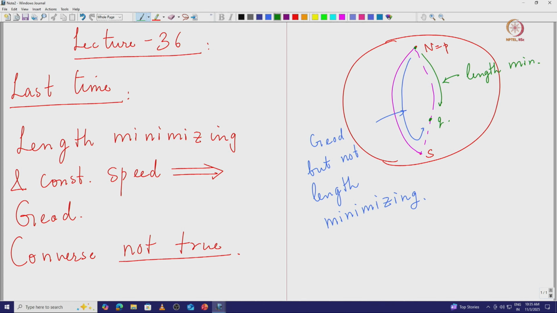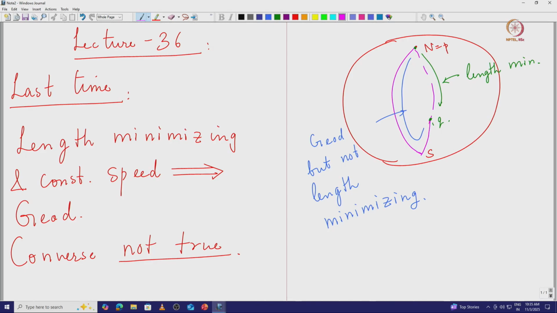Now let us say your point Q is a point on the other side of the sphere. Then clearly the curve shown in bold pink is a geodesic.